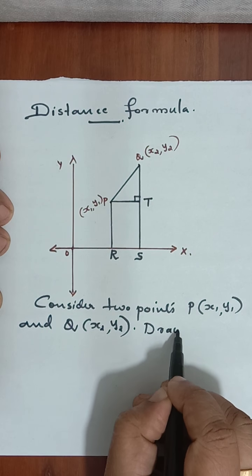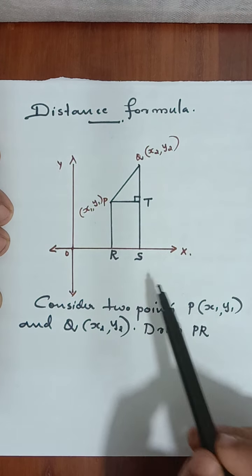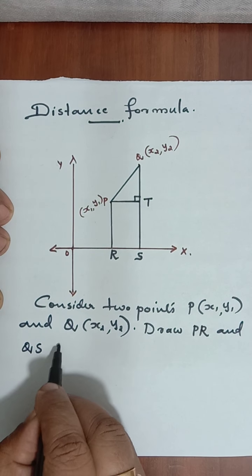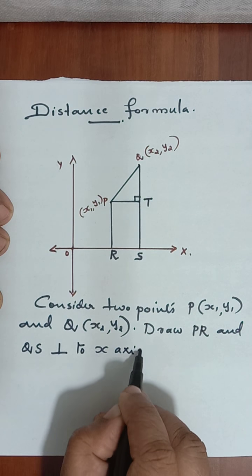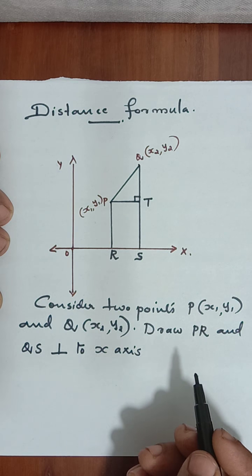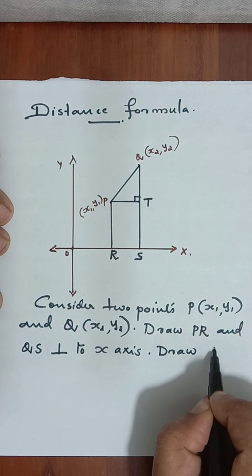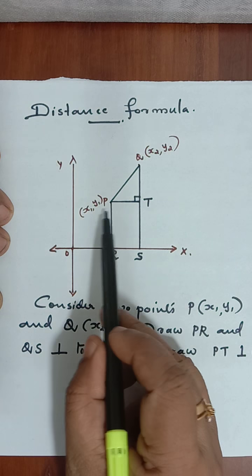Draw PR and QS. Look at this, PR and QS are perpendicular to the x-axis. Next, draw PT perpendicular to QS.